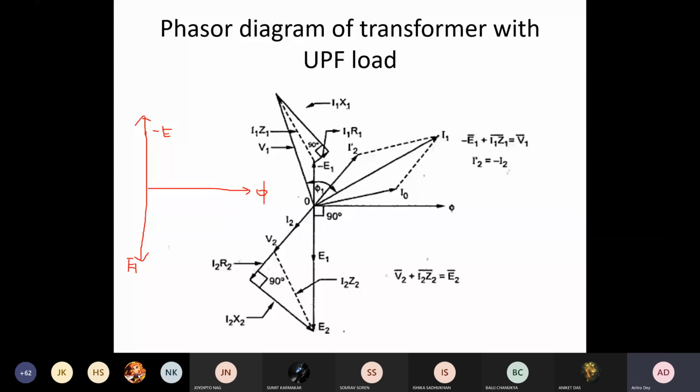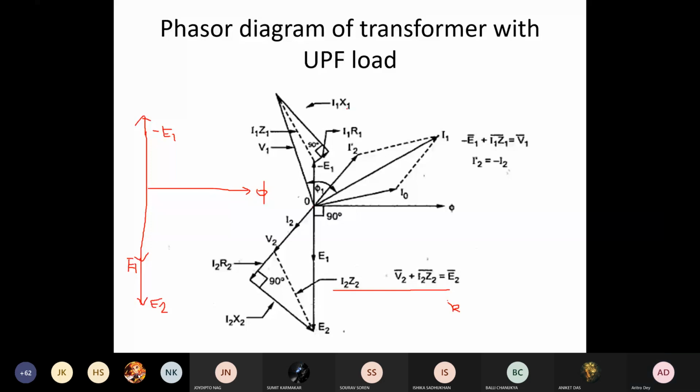Okay, so now it depends, whenever you are having your unity power factor load, this is your E2, right? And it is told that V2 plus I2 Z2 is equal to E2, where Z2 is actually R2 plus J into X2.